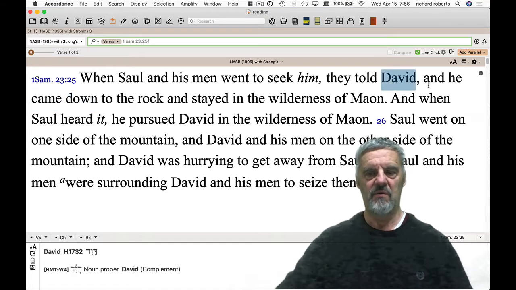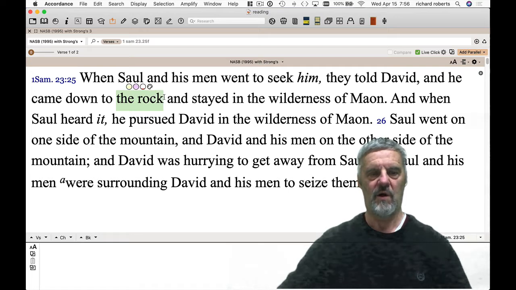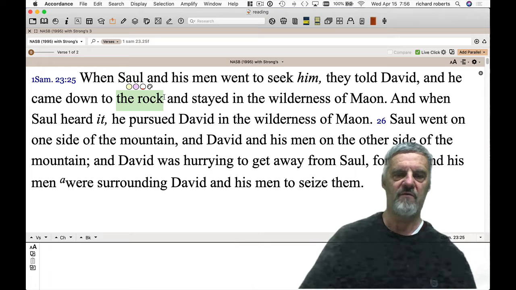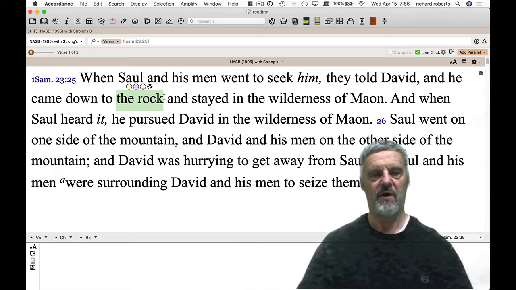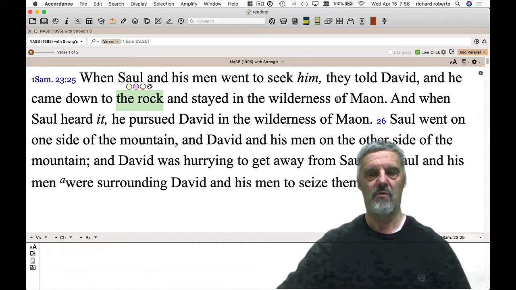Notice, they told David, and he came down to the rock. Now, it doesn't say what rock we're talking about, but apparently there was a particular rock formation that provided a place of escape for David and his men in the wilderness of Maon.